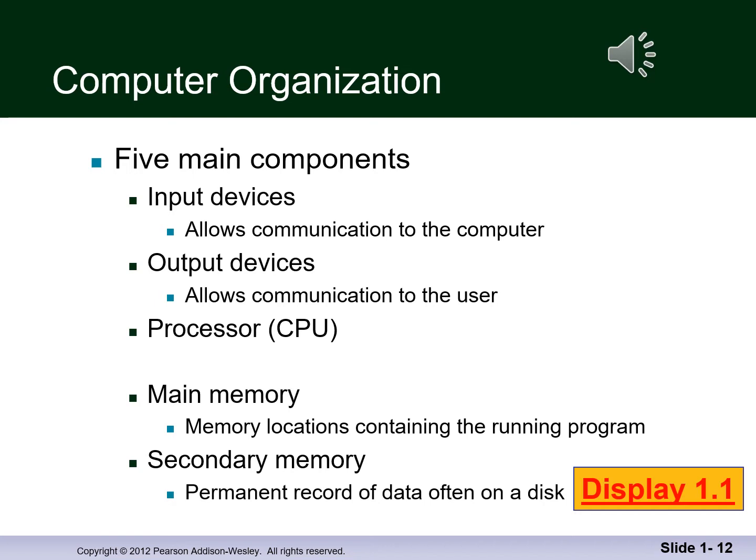Output devices, the most common output device which outputs soft copy is the monitor, speakers, etc. The processor does the work. That actually turns input into output. Main memory locations contain the running program. That's typically RAM. Secondary memory, permanent record of data, often on a disk.